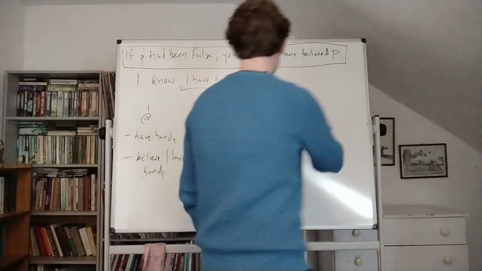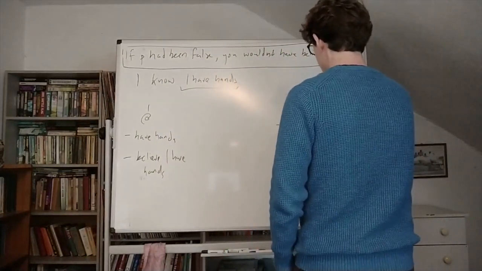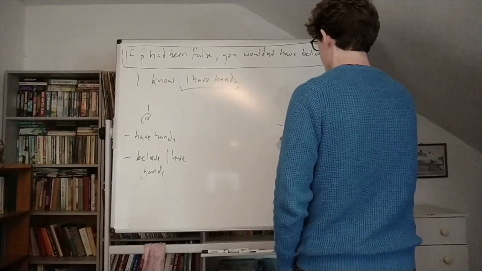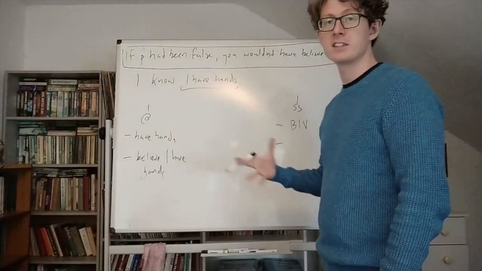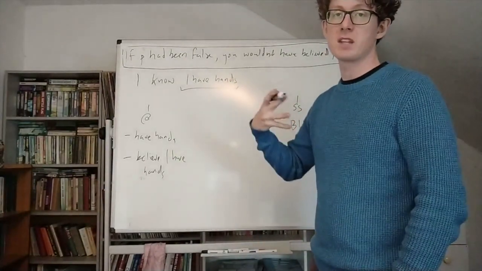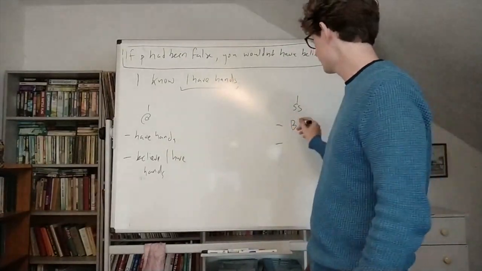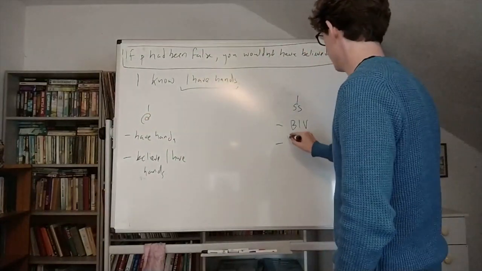Let's also draw in our skeptical scenario, which we'll call SS. In our skeptical scenario, I am a brain in a vat. Because the mad scientist is intent on deceiving me, everything seems as it would in a normal world. Everything seems to me here just the same as it seems here. So I come to believe I have hands.